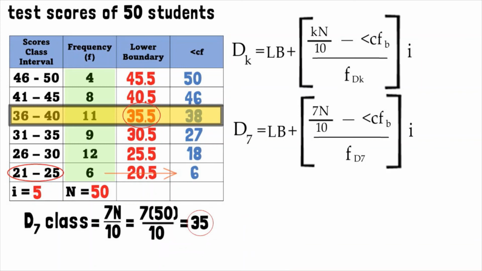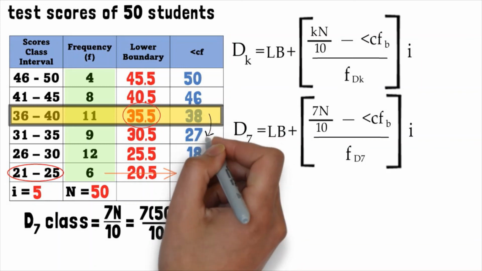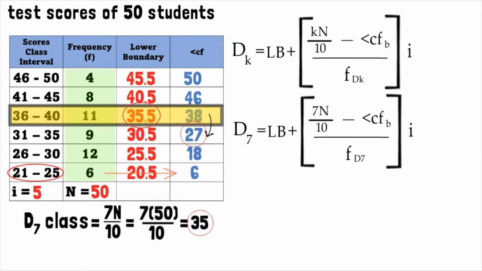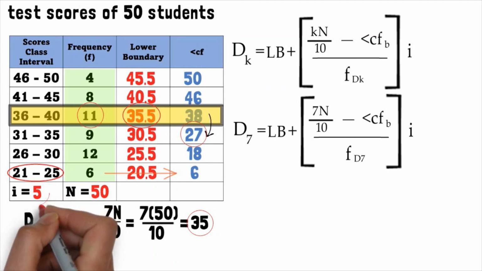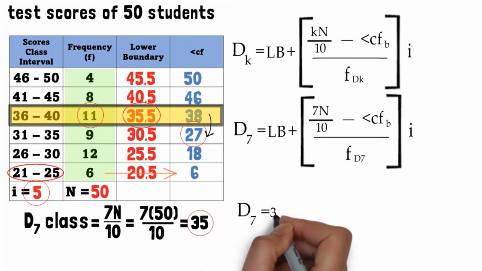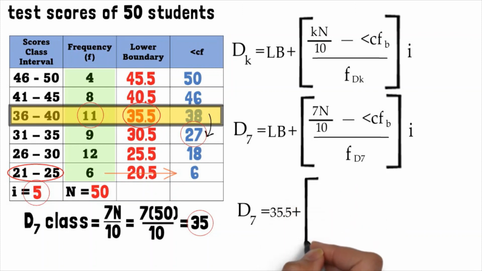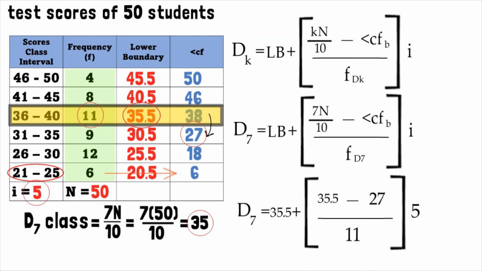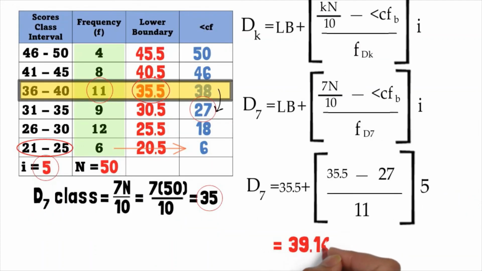While our less than cumulative frequency before the D sub 7 class is equal to 27, divided by the frequency of our D sub 7 class, which is equal to 11, times the size of the class interval, which is equal to 5. Simplifying it further, you can use a calculator in evaluating the operations. And it will give us an approximate value for the D sub 7, which is equal to 39.14.